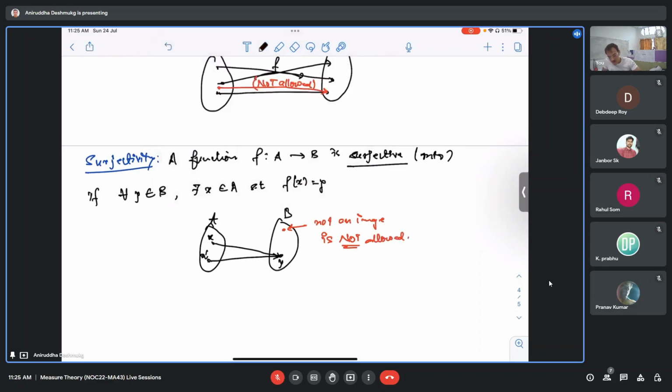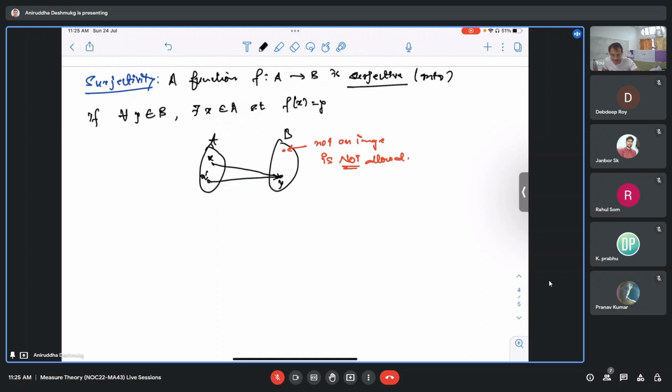Now, if a function is both injective and surjective, then it is called bijective. It means both injective and surjective.